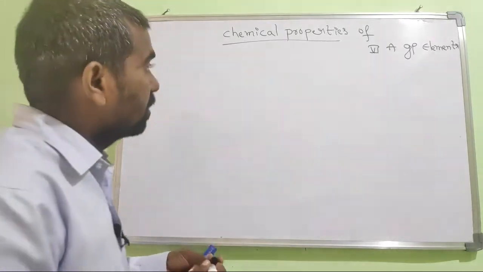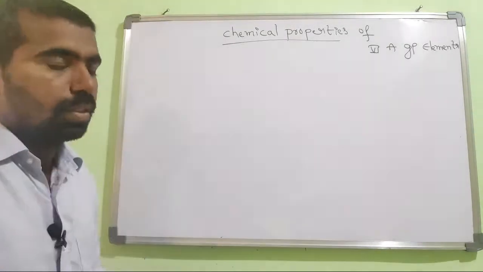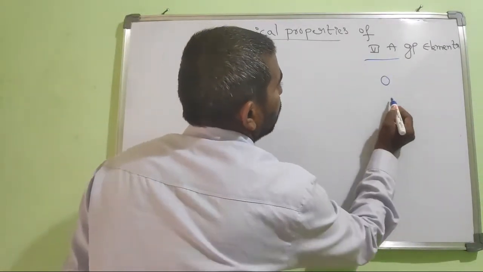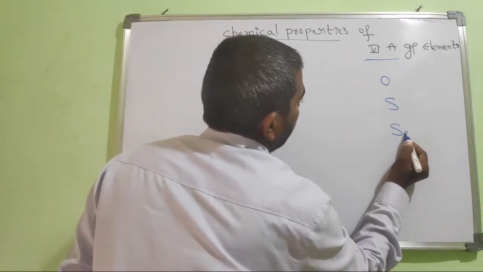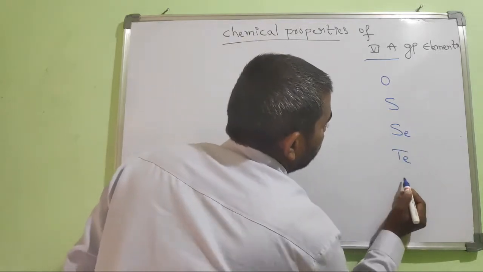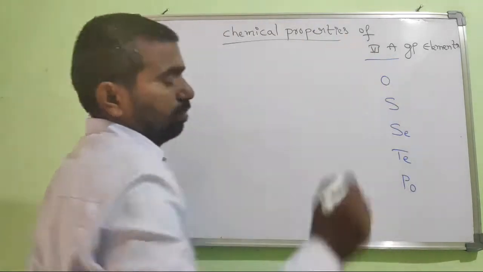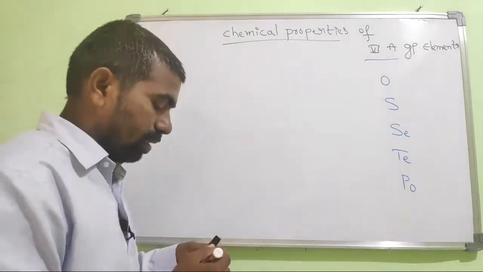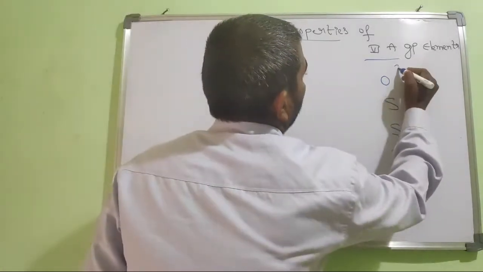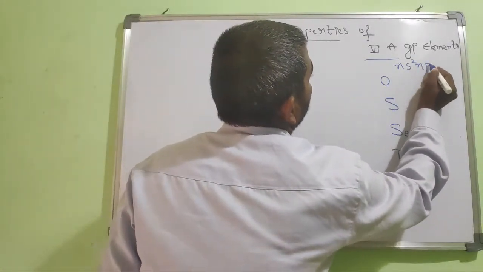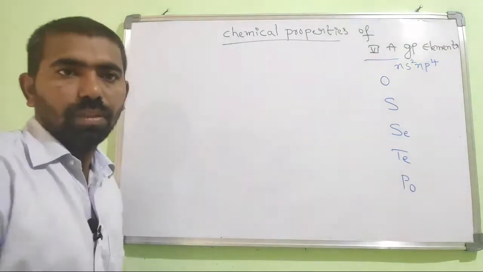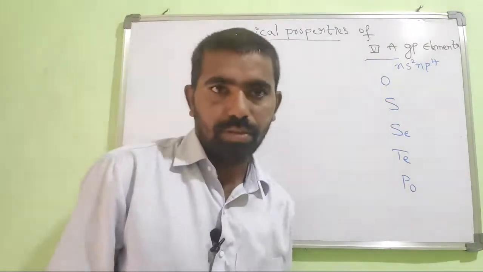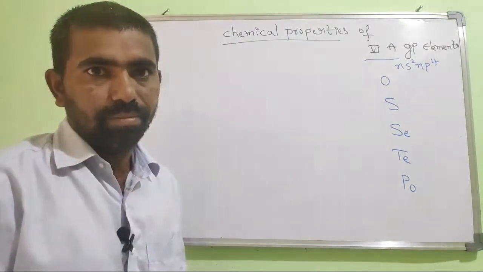The VIA group elements are oxygen, sulfur, selenium, tellurium and polonium. The general outer electronic configuration is ns2 np4, which means there are 6 electrons in the outer shell of these elements.